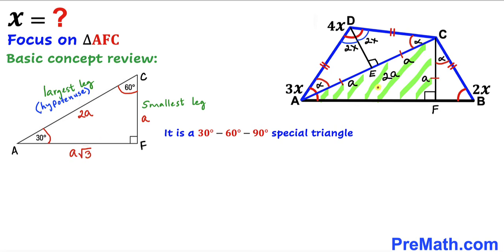Now let's focus once again on triangle AFC. We can see the largest side is 2 times a, and the smallest leg is lowercase a. So we conclude this angle is going to be 30 degrees and this angle has got to be 60 degrees in a special 30, 60, 90 triangle.